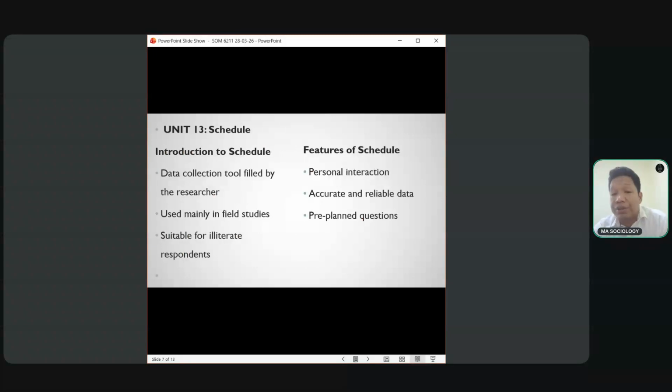Okay, so in terms of schedule, here the researcher has pre-conceived, pre-planned questions to ask in the field, and it is basically done in a very rapid manner. When it is done, suppose, in regard to looking at the literacy rate of a particular society or particular tribes or particular caste, this may be done.